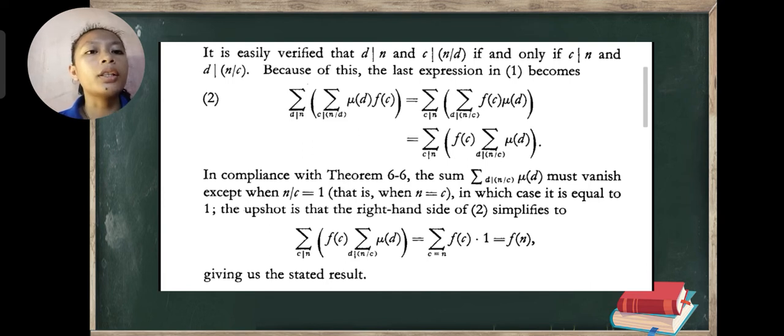The upshot is that the right hand side of equation 2 simplifies to the sum over c dividing n of little f of c times the sum over d dividing n over c of mu of d, which is equal to the sum over c equal to n of little f of c times 1, which is equal to little f of n, giving the stated result.